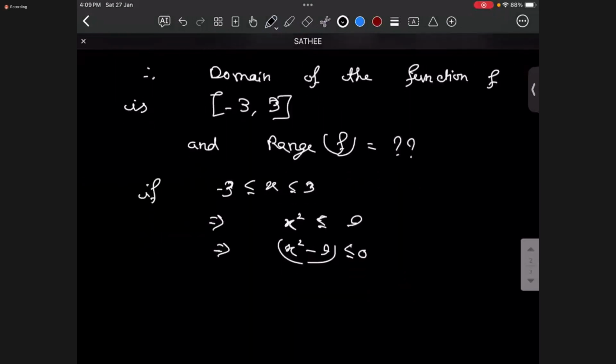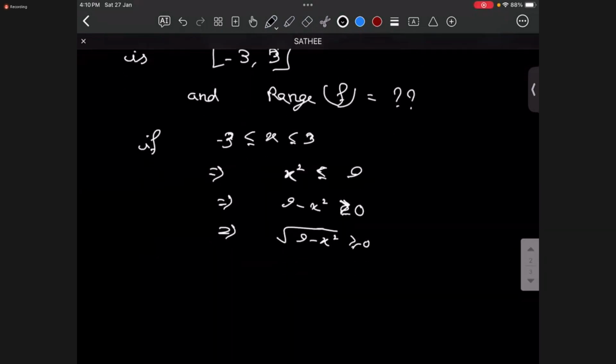We are dealing with 9 minus x square, right? Which implies 9 minus x square is greater than or equal to 0. This implies square root of 9 minus x square is greater than or equal to 0. This means f of x is greater than or equal to 0.